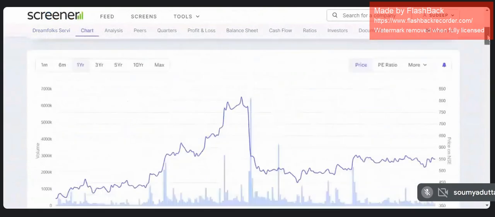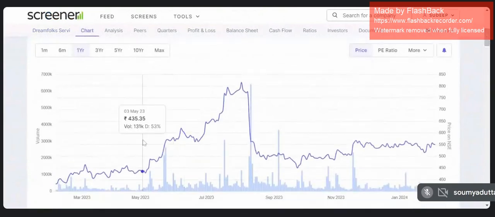So this went up in anticipation of good results, and all the technical people were giving a big buy. What happened? The results were bad. Look at the crash. Back to square one.